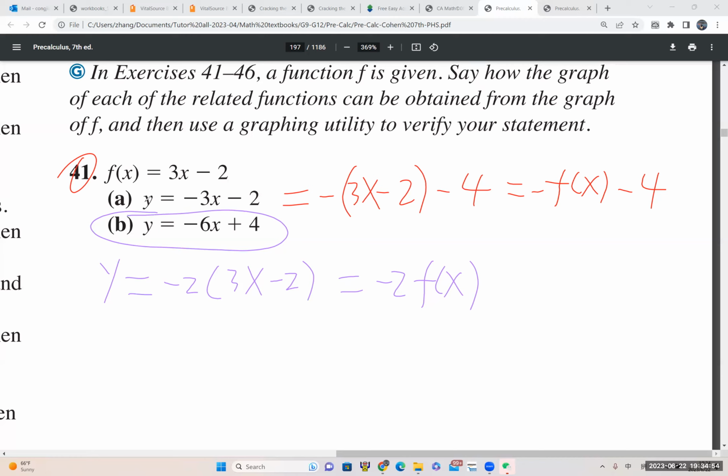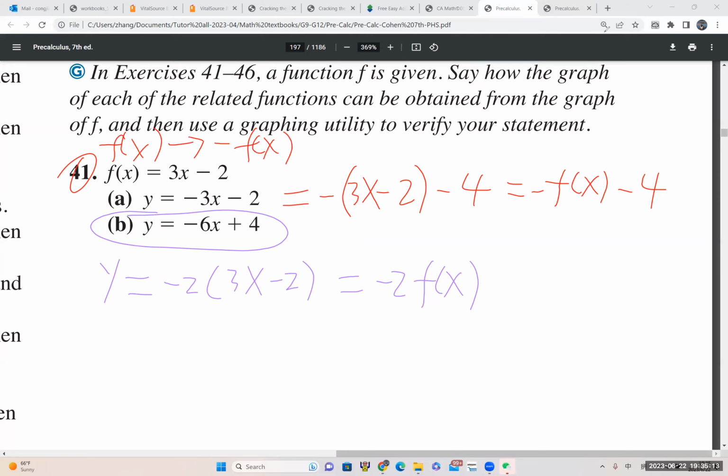So if we want to graph y, starting from here, let me use red color, starting from f of x. First I'll go to get negative f of x.